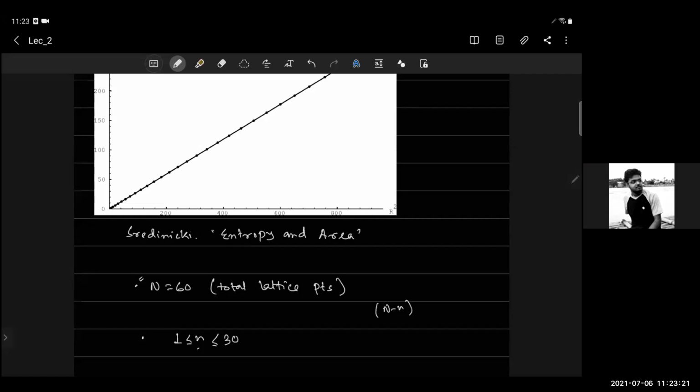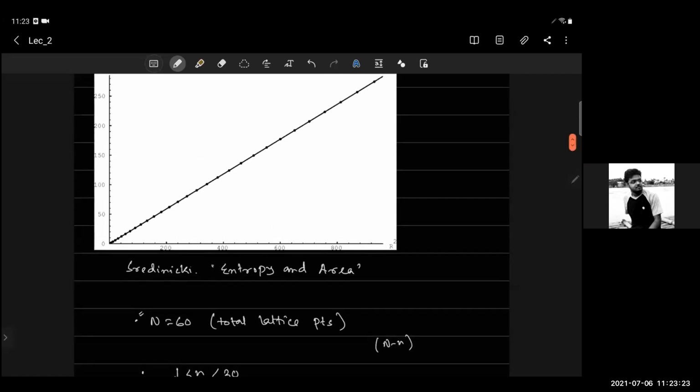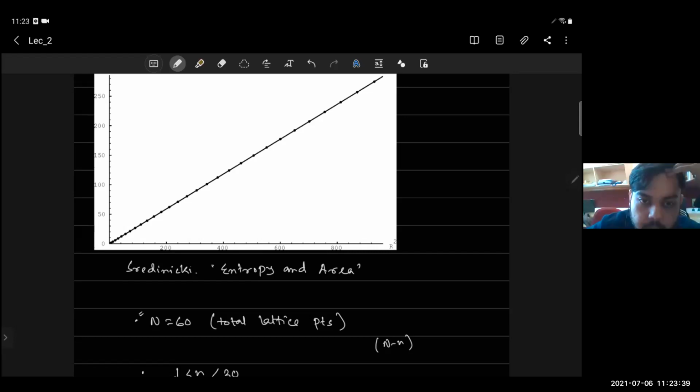No, actually, first you forget about the log n, because he had no idea about the log behavior. So he was trying to establish the area law first. Then you vary the subsystem size from just 1 to 30, let's say, and you try to see what polynomial it behaves. And he could see it follows the area law because it follows a straight line.